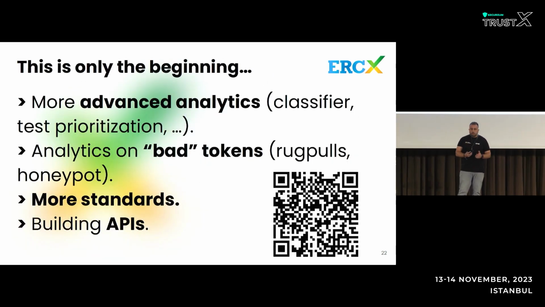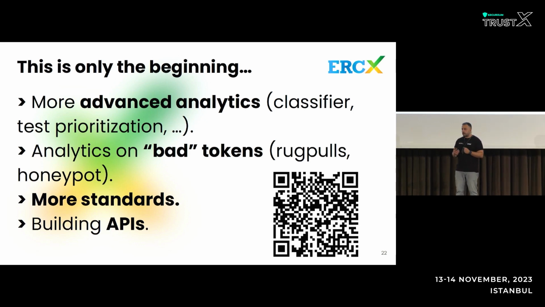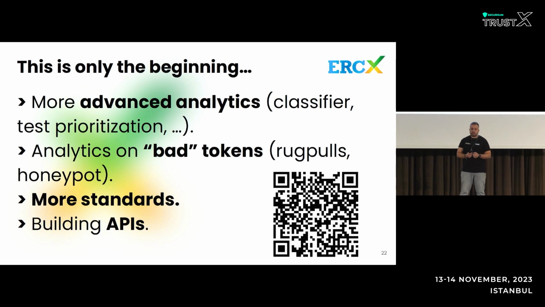Getting to the conclusion, this is only the beginning. We are starting to test a lot of tokens and a lot of ERC standards. We have more advanced analysis, and we will be releasing a blog post very soon. We also have classifiers trying to put tokens into classes. We are also designing a test prioritization mechanism in case you have a reduced time budget, according to their bug-finding capabilities.